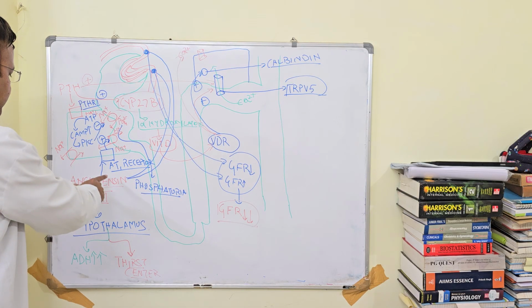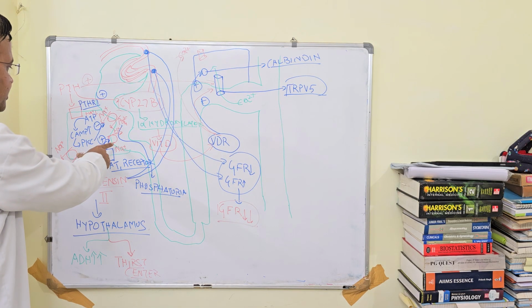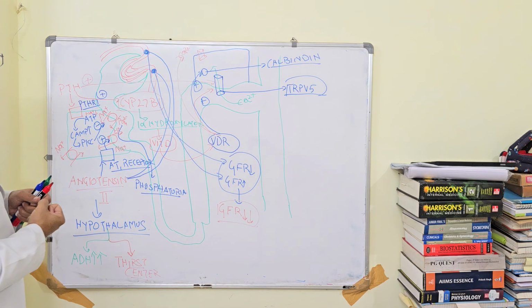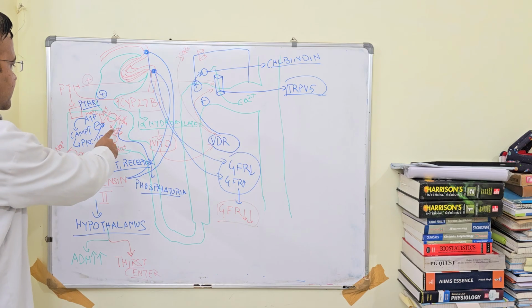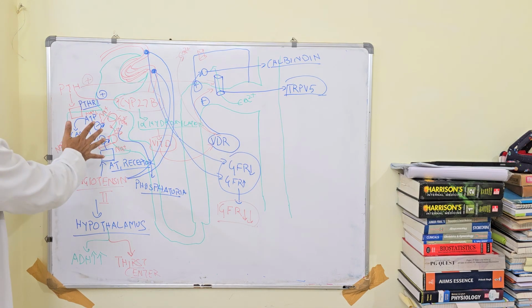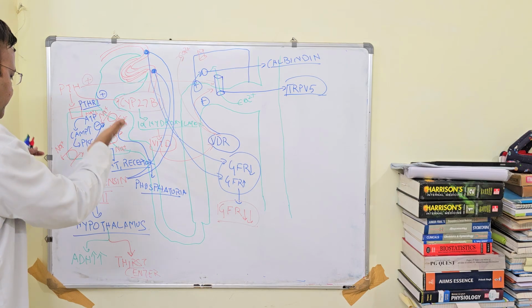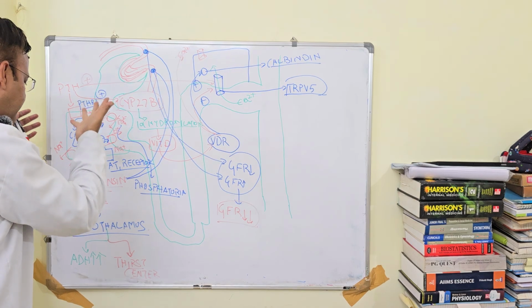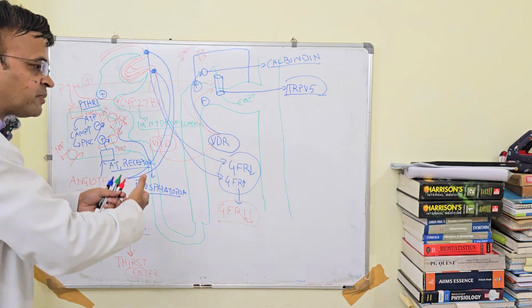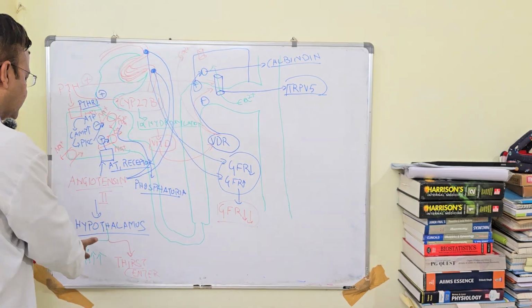Apart from that, it will stimulate your sodium hydrogen exchanger. If more sodium is reabsorbed, more water will be reabsorbed, and the amount of filtrate will reduce. But since more water is reabsorbed from here, of course the ECF will increase. If ADH level increases, more water will be reabsorbed, and the amount of ECF will increase.